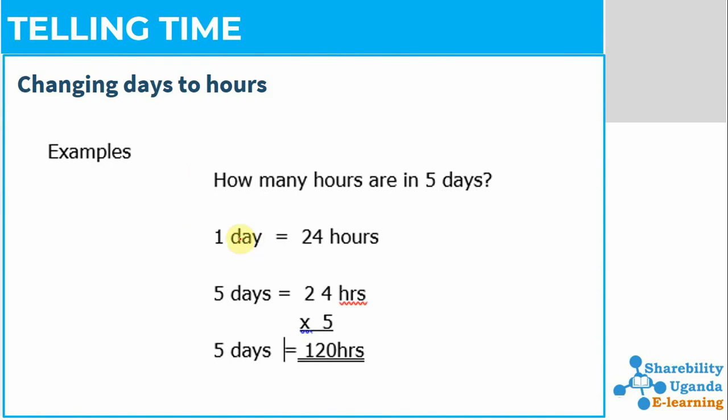Let's look at what these people were able to get. We are saying how many hours are in 5 days. One day is equal to 24 hours, right? Then our 5 days will be equal to the 24 hours which is in one day, times the 5 days.